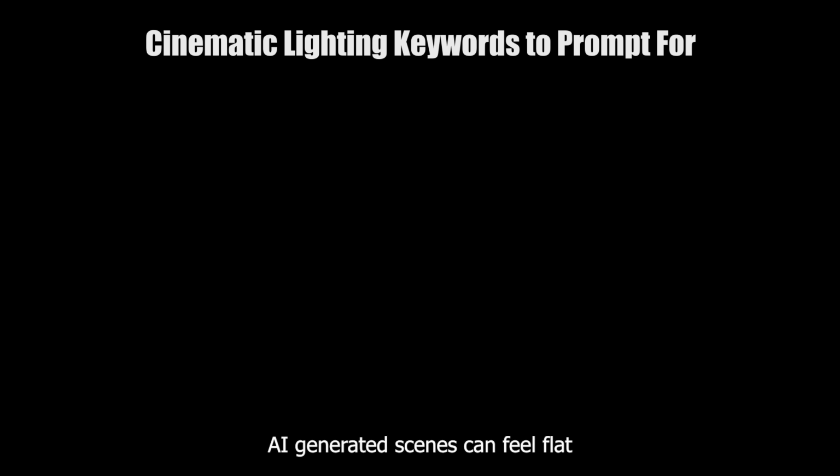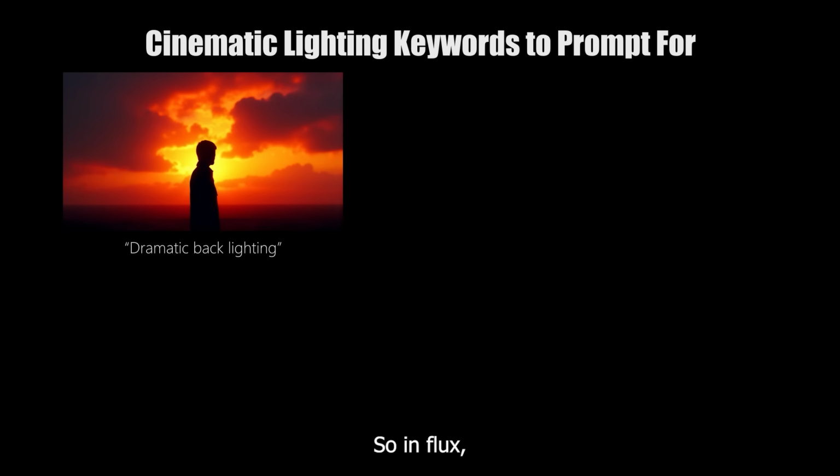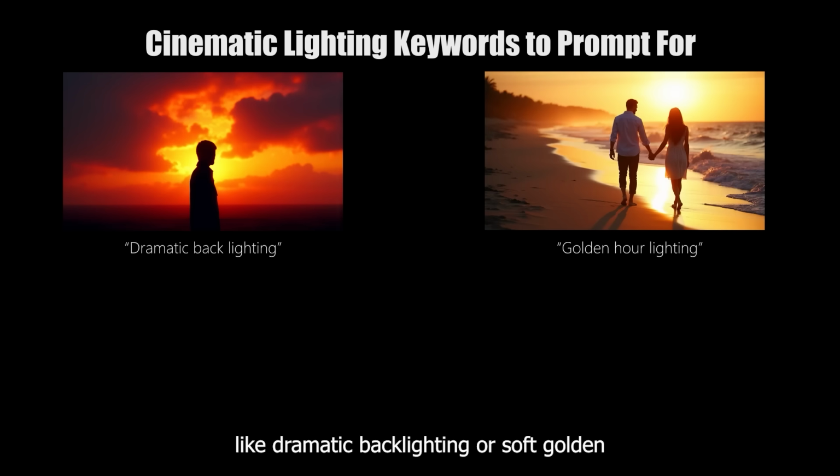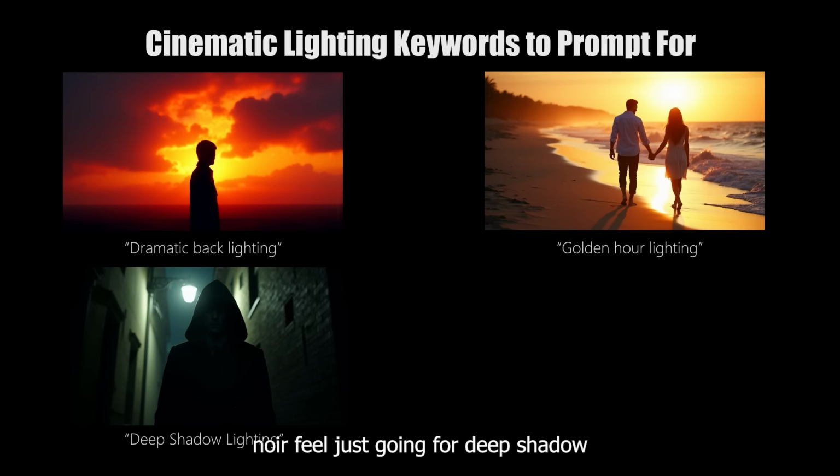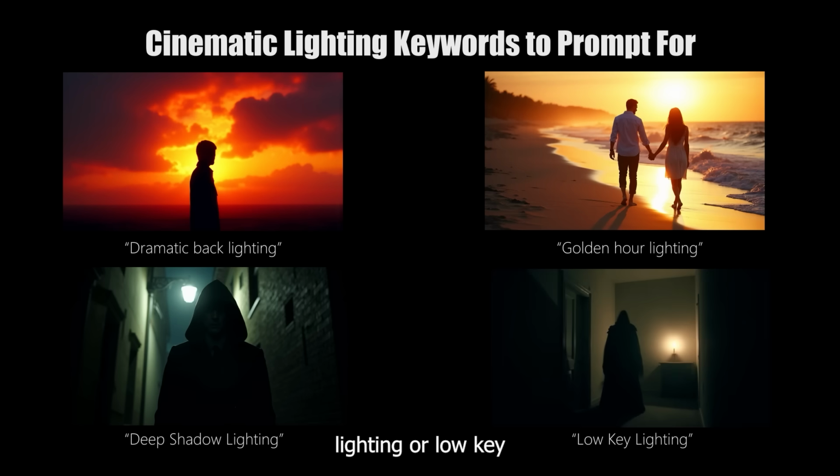AI generated scenes can feel flat without the right lighting setup. So in Flux, we're going to use phrases like dramatic backlighting or soft golden hour light to nail that perfect light setup. Say you want that moody, dark, and shadowy noir feel, just going for deep shadow lighting or low-key lighting in your prompt will go pretty far.